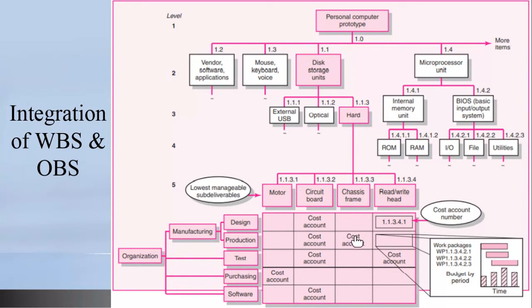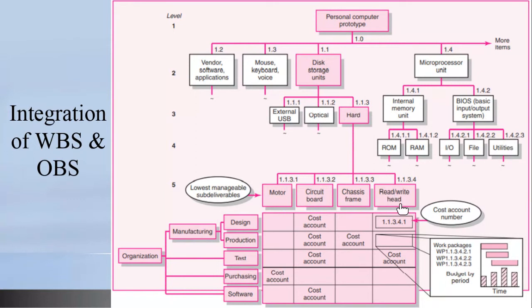So all of them add up into a master cost account, and that is the responsibility of the production team. So we are showing, for each component or each sub-deliverable, the different departments within the organization that have responsibility for them.